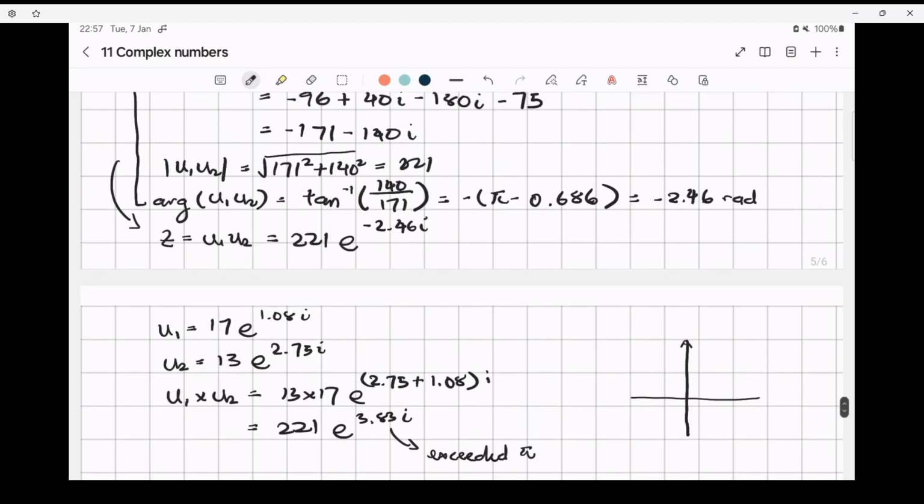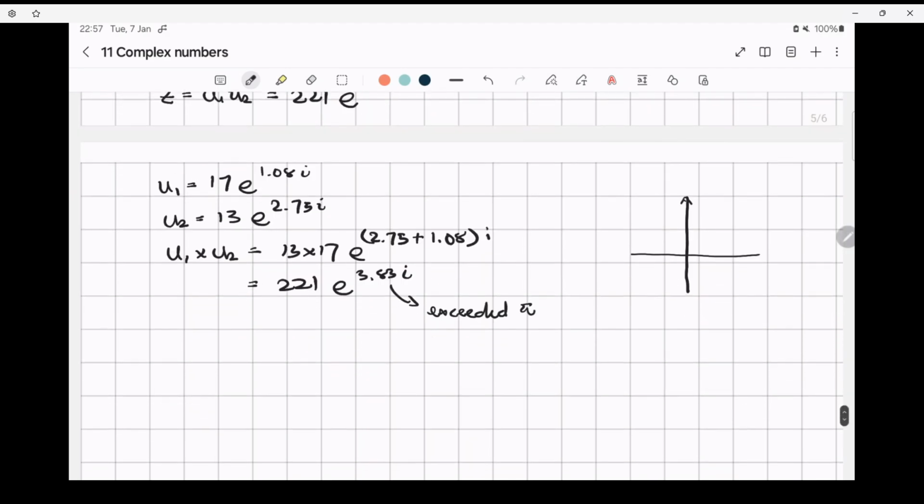Okay, so this is in the third quadrant. We know this is the angle. If you turn counterclockwise, it is more than pi radian. So what you would need to do is to turn clockwise, and this particular angle will be less than minus pi.